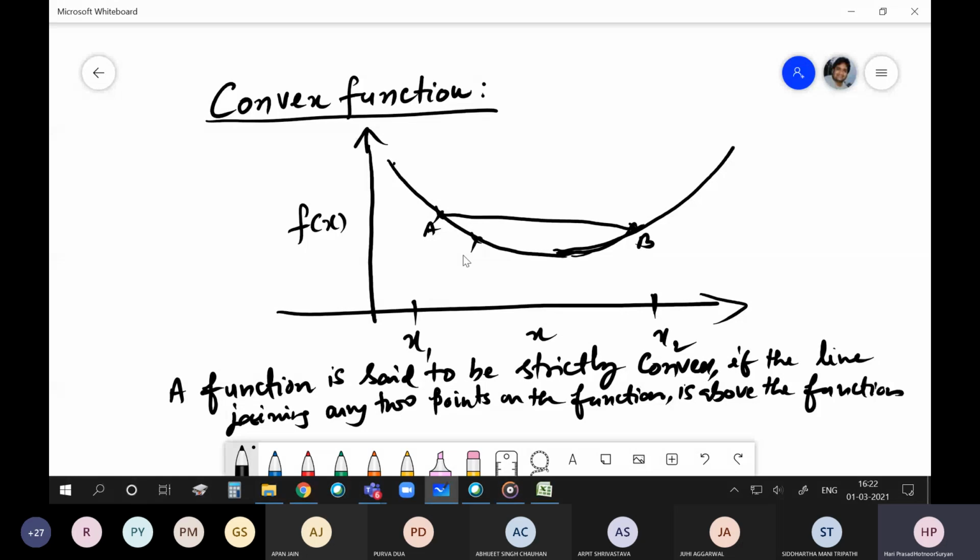You may take, let us say, one more pair of points C and D. So this line CD will be above this function. Like this you can take any point within this range.